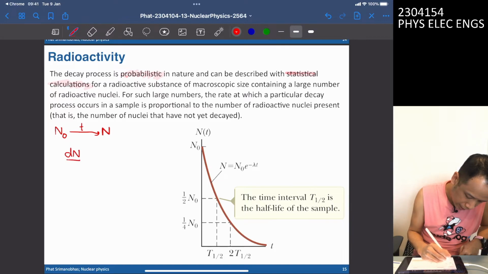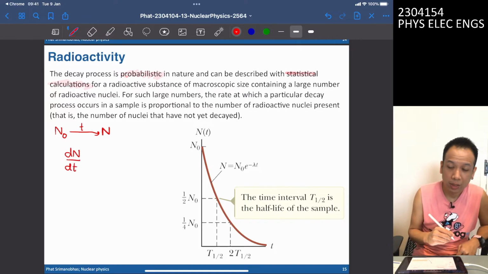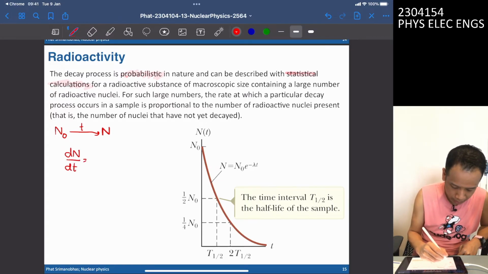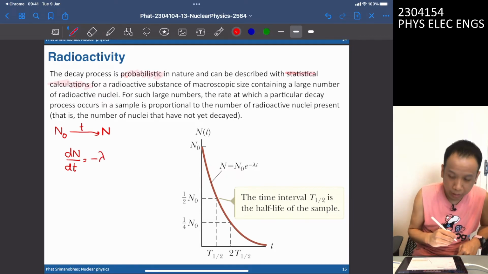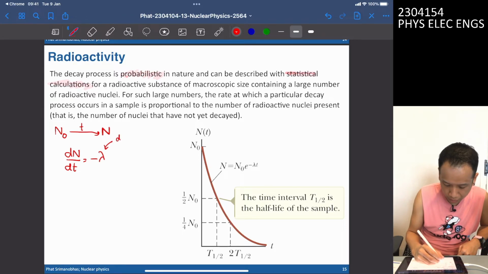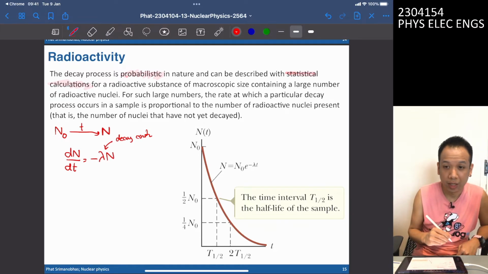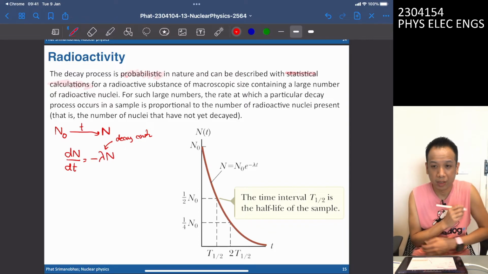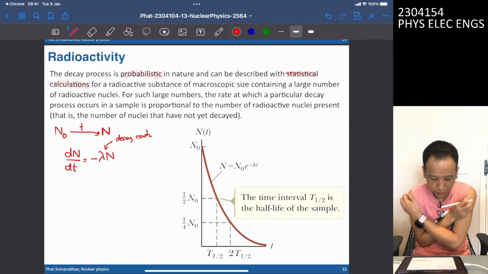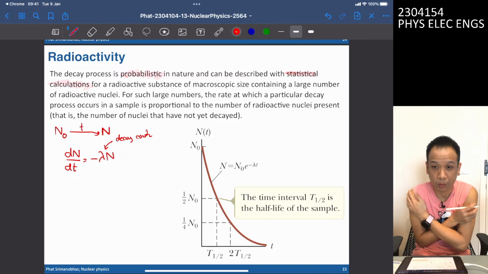So you can write dN by dt, the change of N, equal to minus lambda, which is the decay constant, times N. The minus means that it's reduced; the number is decreasing.